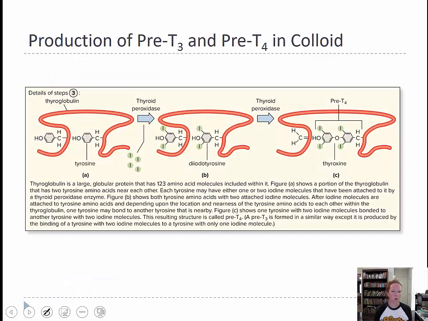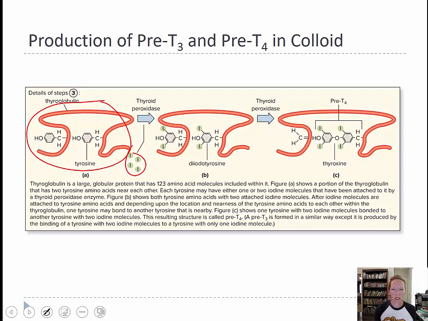Let's take a closer look at how T3 and T4 are made. Again, don't worry about the small details. It just shows you here's that thyroglobulin, and here are the iodines. Basically, an enzyme helps add those iodine molecules to that thyroglobulin.